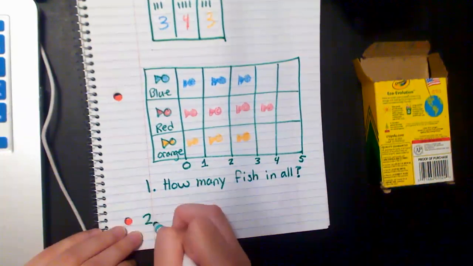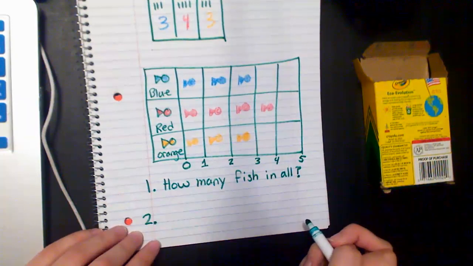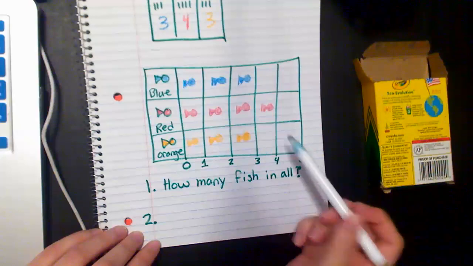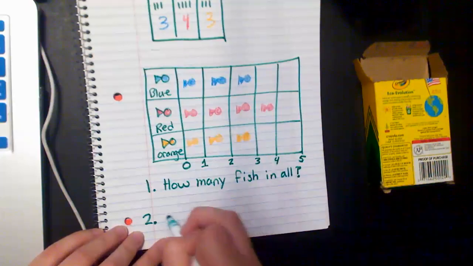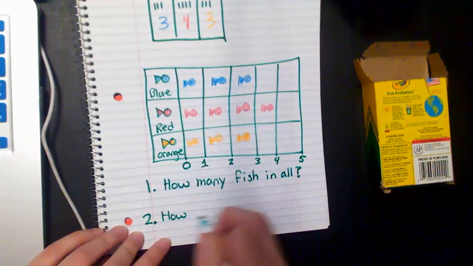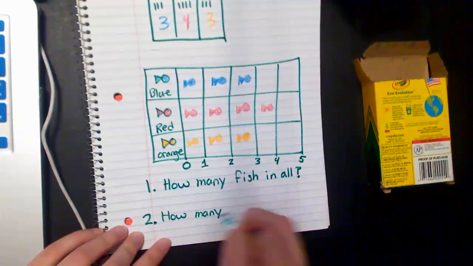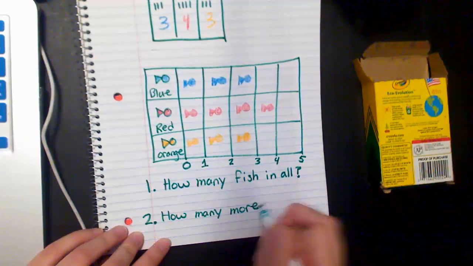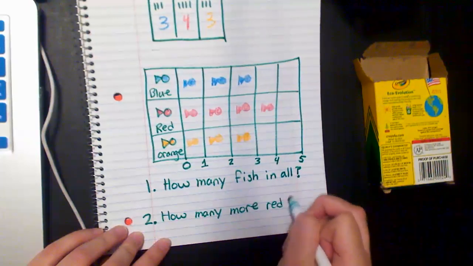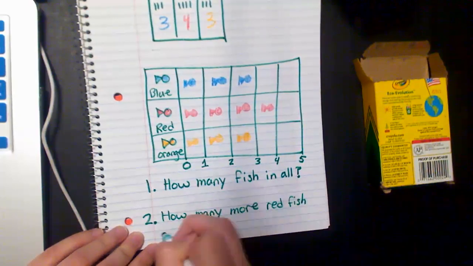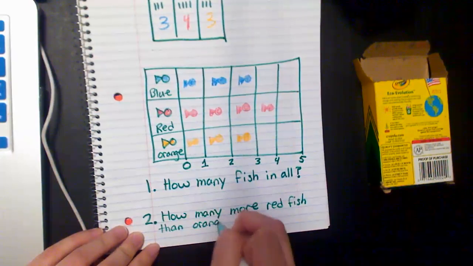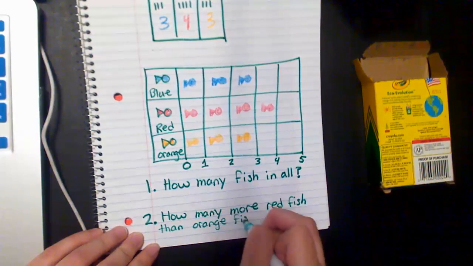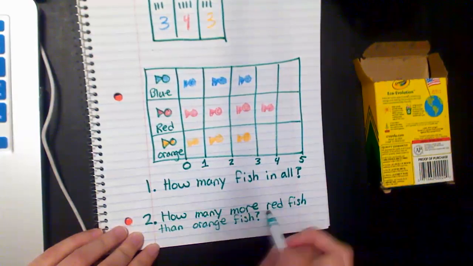And then number 2, you're going to have to tell me how many more red fish are there than orange fish? And that's going to be a little subtraction problem.